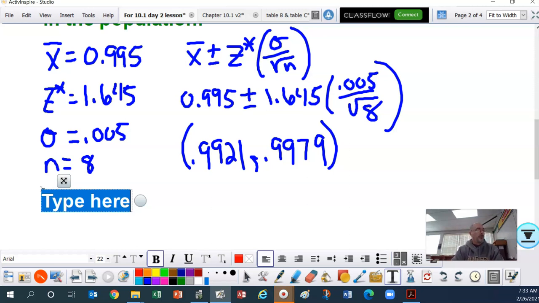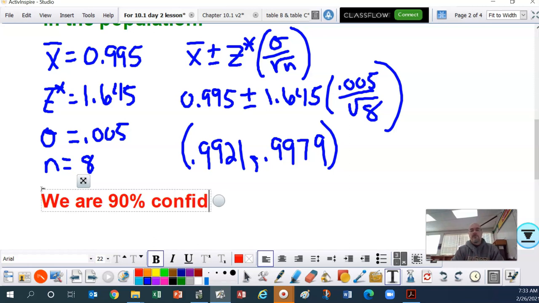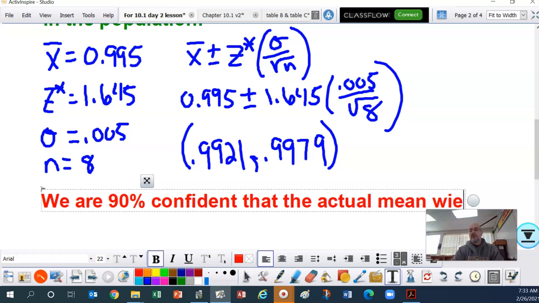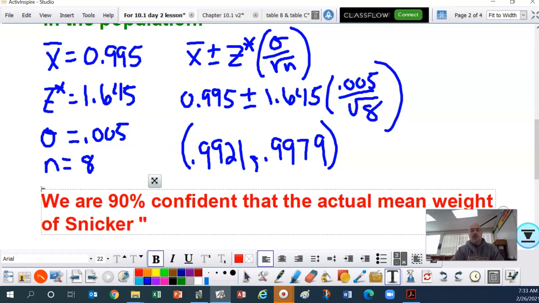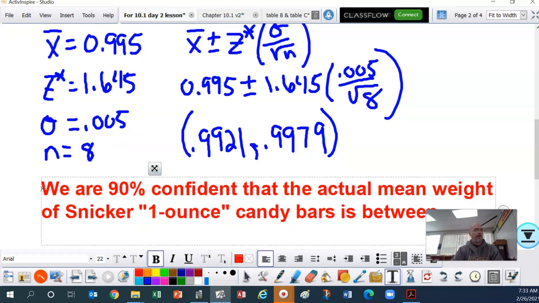We are 90% confident that the actual mean weight of Snickers 1 ounce candy bars is between 0.9921 and 0.9979 ounces. Don't forget to include that type of measurement.